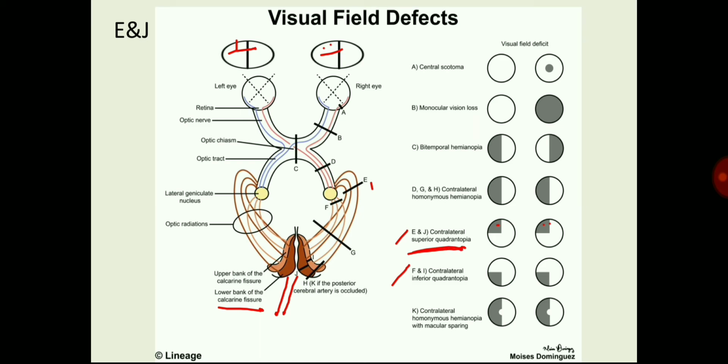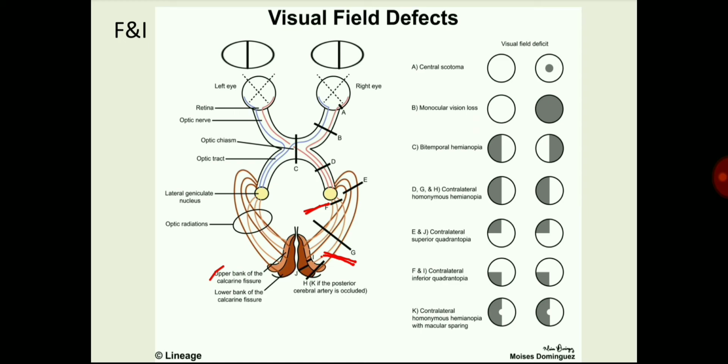Now sites F and I. Site F is the superior retinal fiber that is running in the parietal lobe, and I is the superior part of the occipital lobe above the calcarine sulcus, so the upper bank of the calcarine fissure.